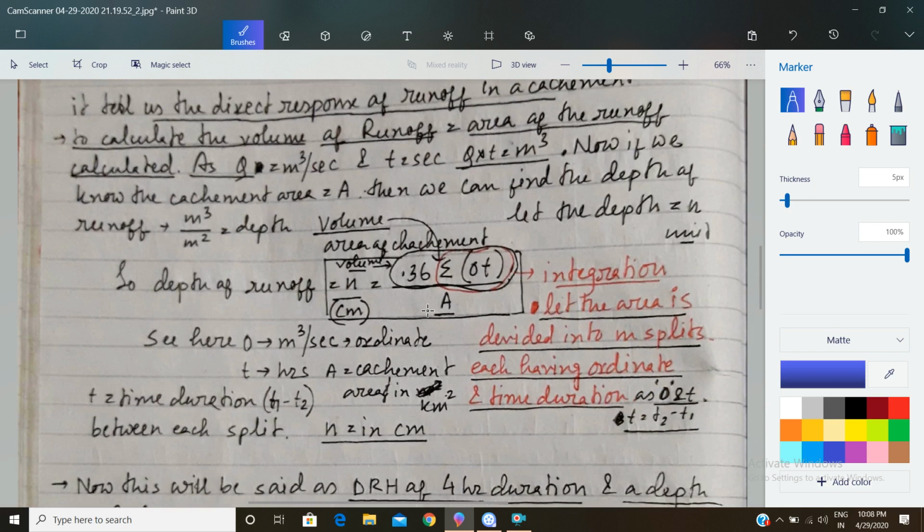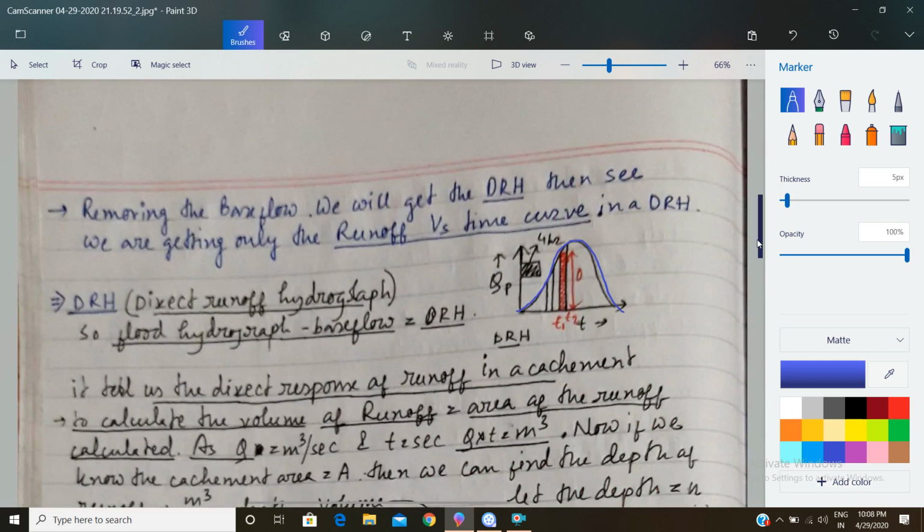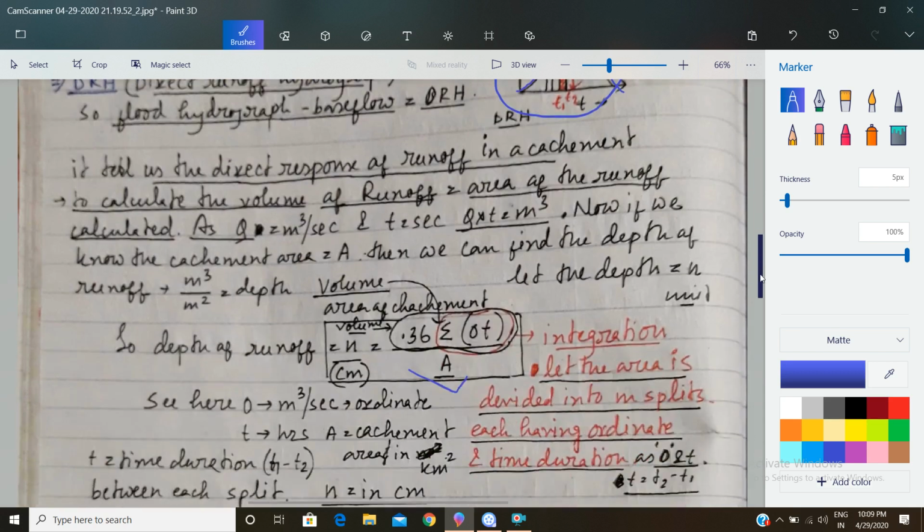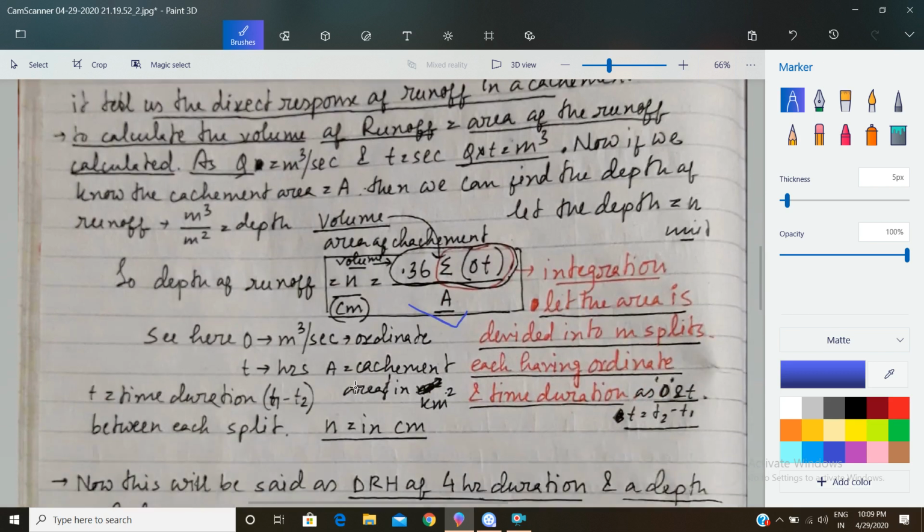If nothing is given and you are given this diagram, then you may proceed with the trapezoidal rule, otherwise you may proceed with this rule. See what is written here: t in hours, ordinate in meter cube per second, O into T, where O is the ordinate and T is in hours.